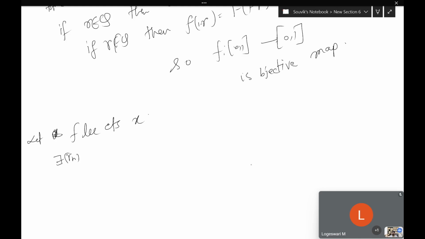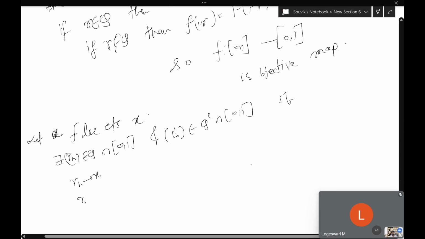Then there is a sequence of rationals and a sequence of irrationals such that Rn goes to x and In goes to x.